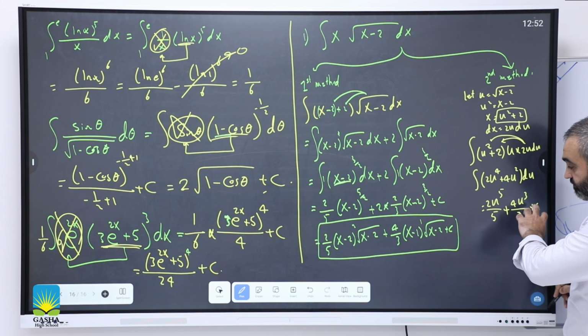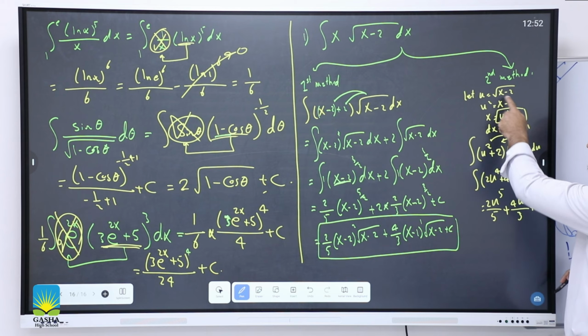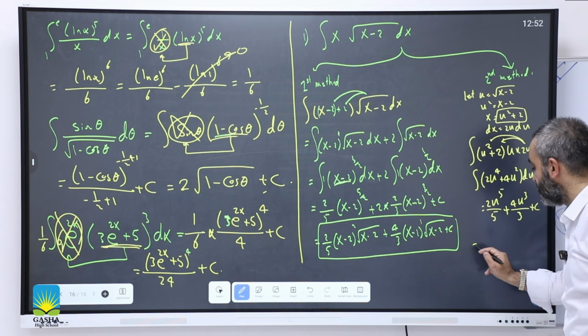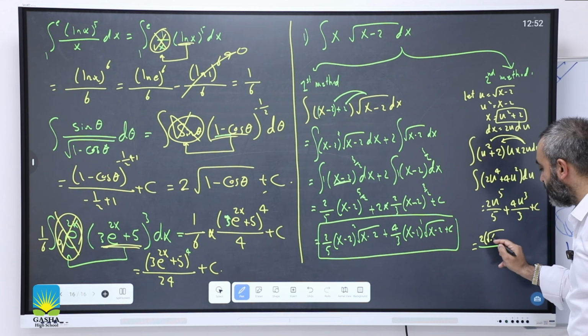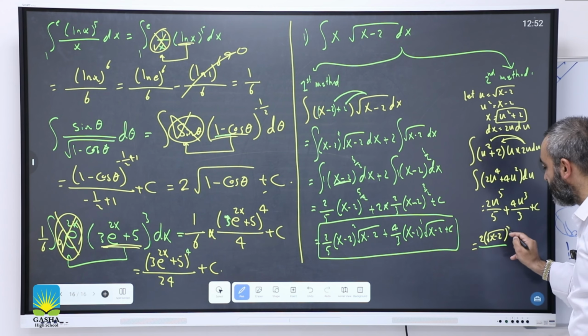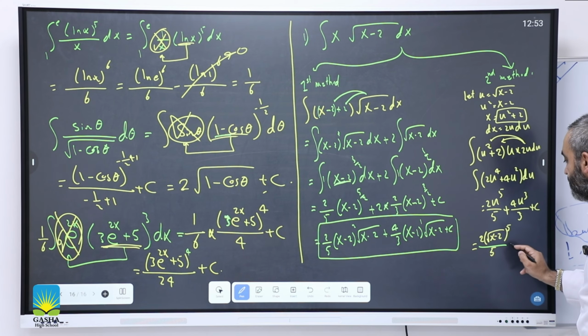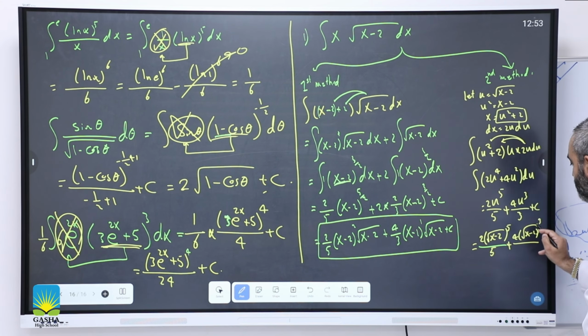And we change u back into the square root. So this becomes 2 times the square root of x minus 2 to the power of 5 over 5, plus 4 times the square root of x minus 2 to the power of 3 over 3, plus c.